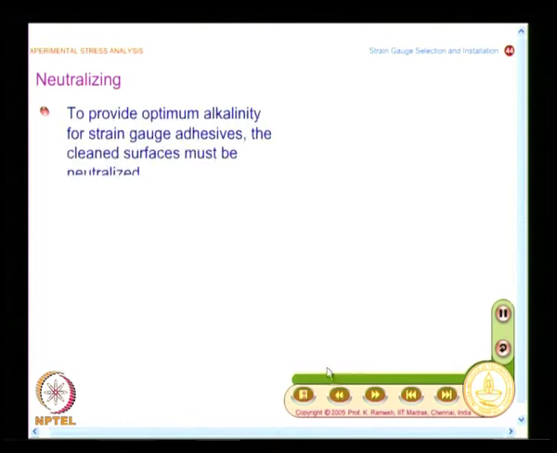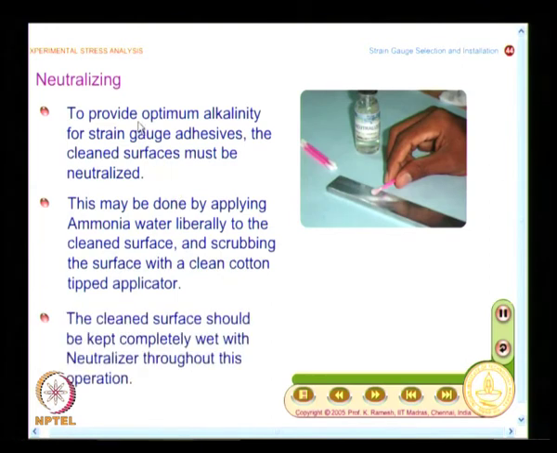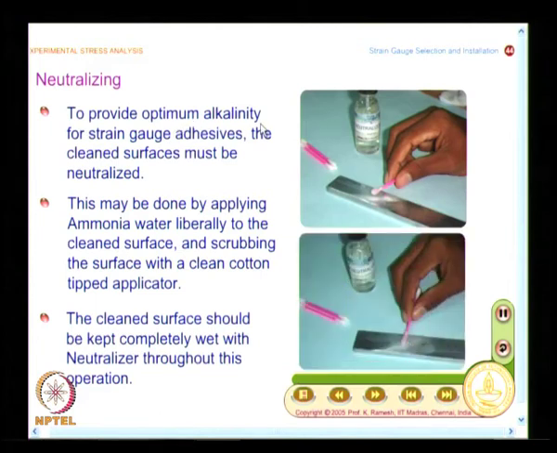Now, you have to neutralize the surface, and why do you do this? This is done to provide an optimum alkalinity of the surface, so that the strain gauge adhesive bonds perfectly on the surface.